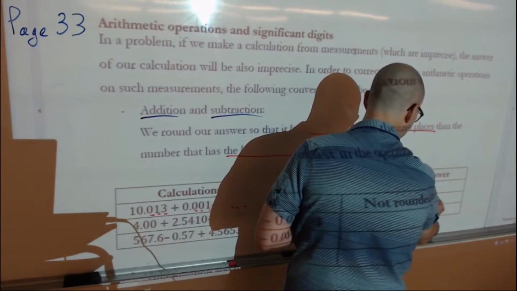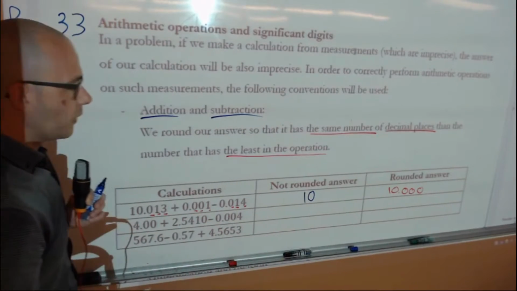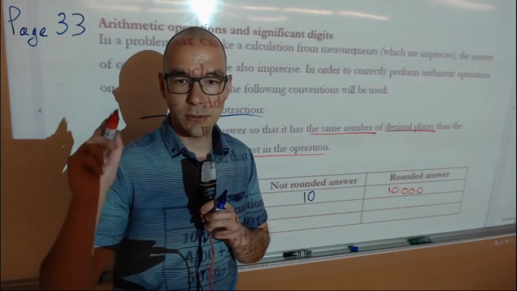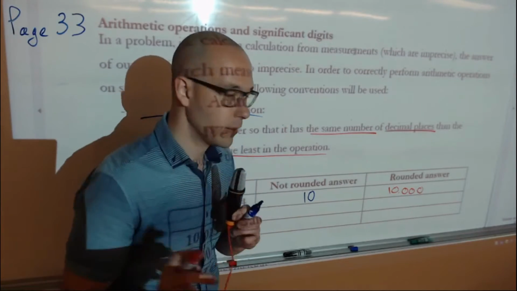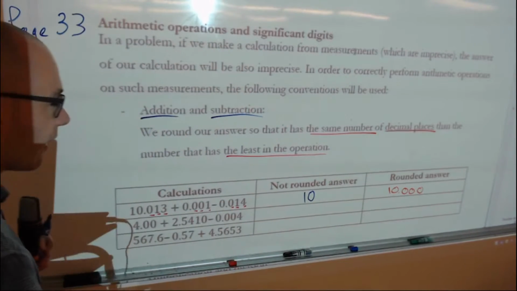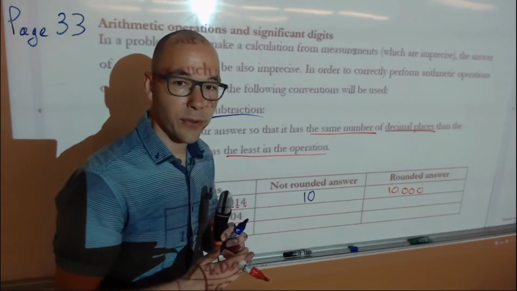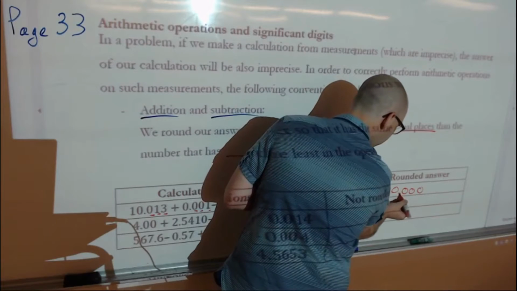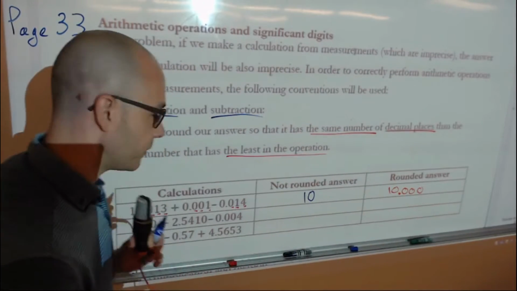So our answer must be 10.000, to tell the person that's going to read this that we have a precision to the third decimal. So we've got to be careful with this. There's a dot here, with 3 zeros.